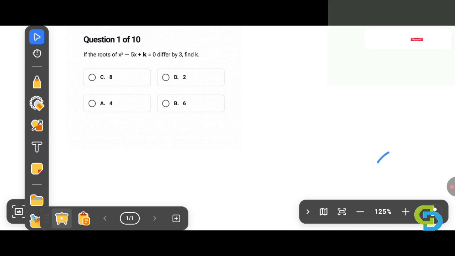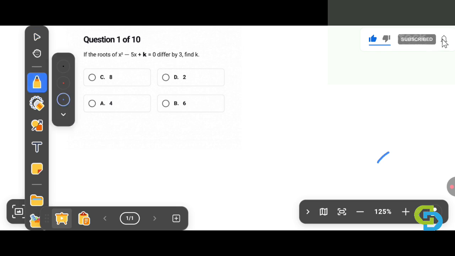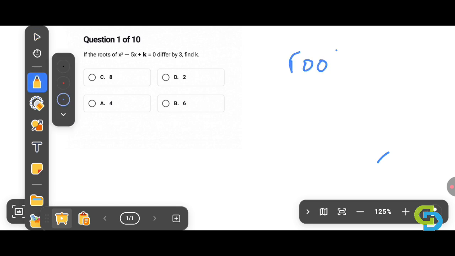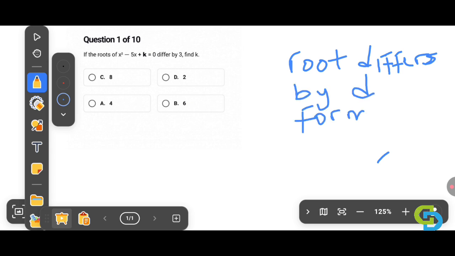Now if we're told that the roots differ by 3, what are we going to use? We're going to use the roots-differ-by-d formula.